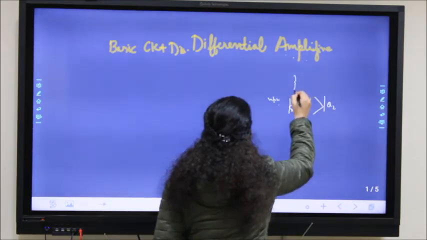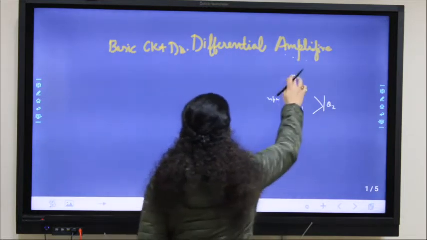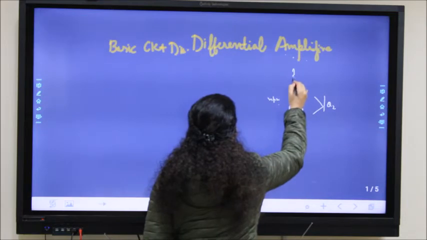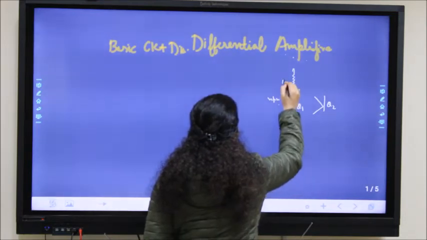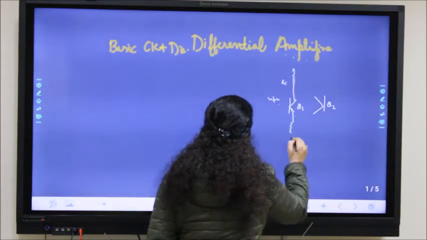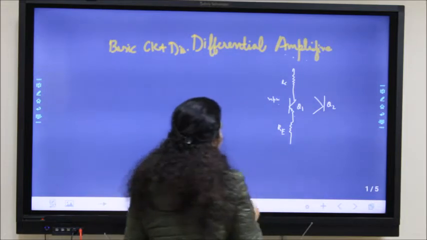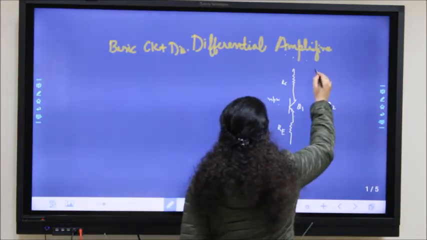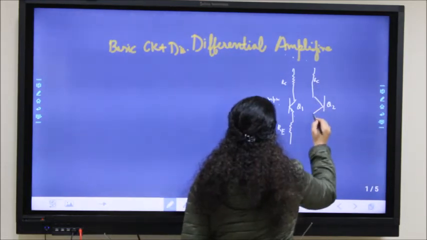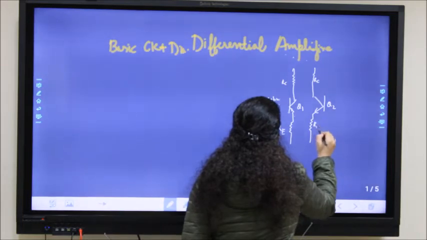Here you have an RC resistance, and here you have an RE resistance. This is the RC resistance, and here you have the RE resistance.